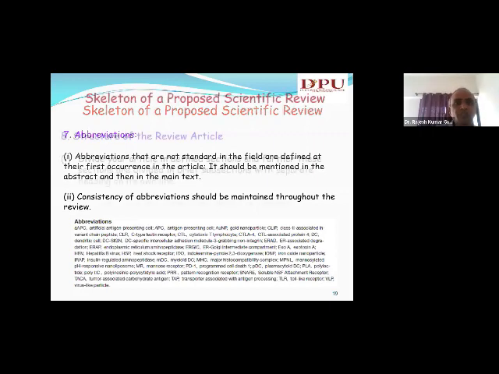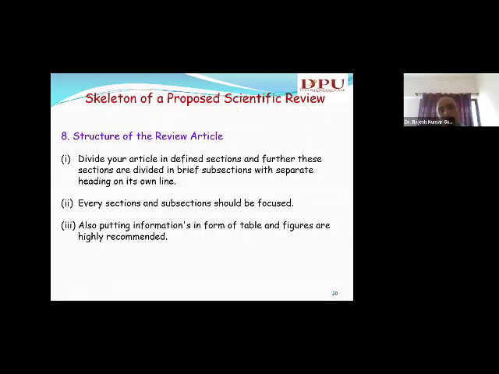Now coming to structure of the review article. After all these basic points, we have to present the structure of our review article. So basically we have to divide our article into defined sections, and further these sections are divided into brief subsections with separate heading on its own line.